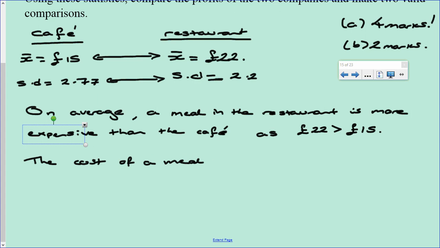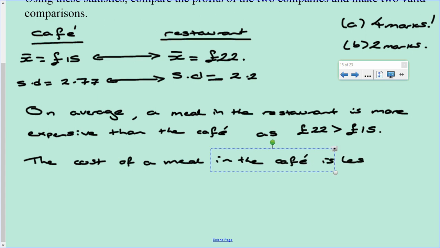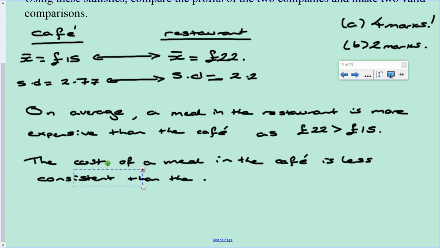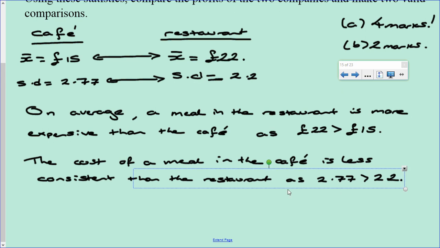So the cost of a meal in the cafe is less consistent than the restaurant, as. We still need that "as", and I said it's because 2.77 is bigger than 2.2.